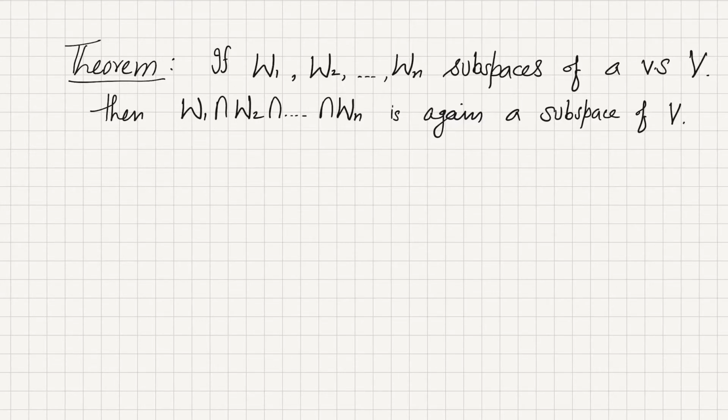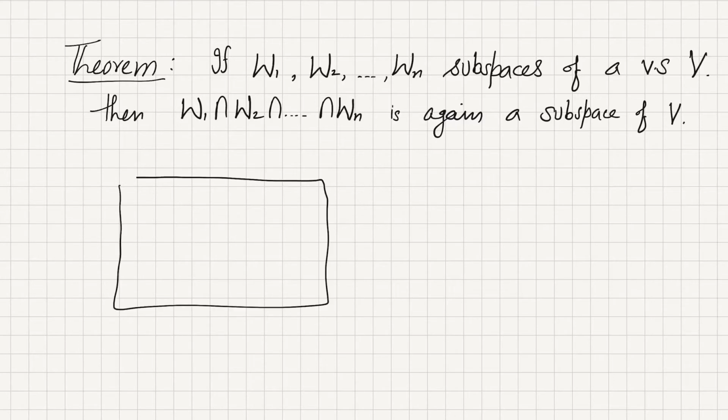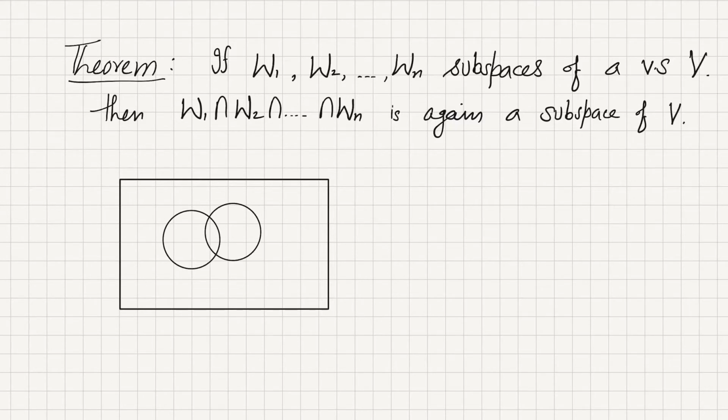So what we have proved here: suppose this is our vector space V, and suppose these are our subspaces W1 and W2. We showed that this intersecting part, W1 intersection W2, is a subspace. But this is not true in the case of union.